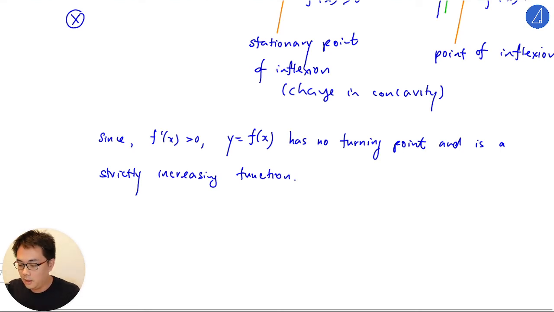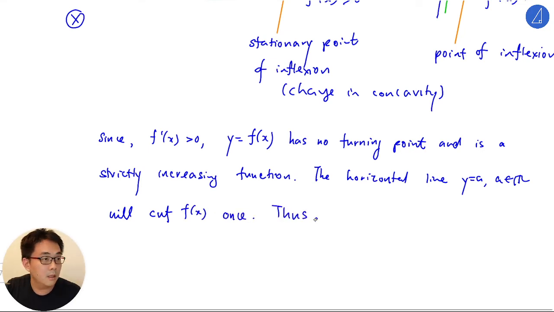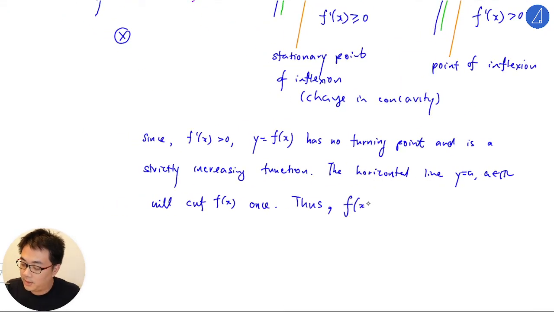But this is the gold standard. Meaning to say, a horizontal line, I give a generic line just like the one-to-one test, y equals a, will cut f(x) once. Thus f(x)... I know you will not think of the horizontal line, but that is how I write.